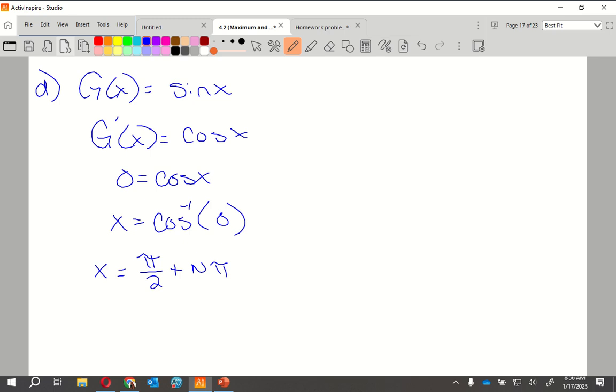And to get to the next place, n is 1, so that would give me 3 pi over 2. And at 3 pi over 2, n would be 2, and that would give me back up to pi over 2, right? So as it keeps going, those are all the intervals in which it is going to be equal to 0. Does that make sense? Because sine is a wave, and I just have to count every single time it's going to land on that spot.